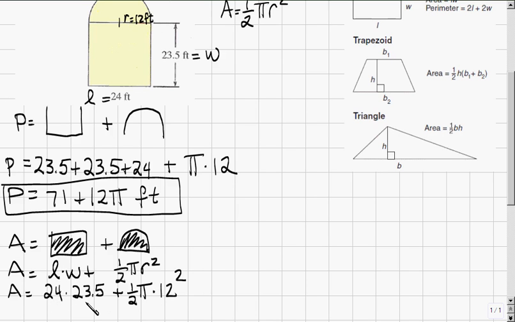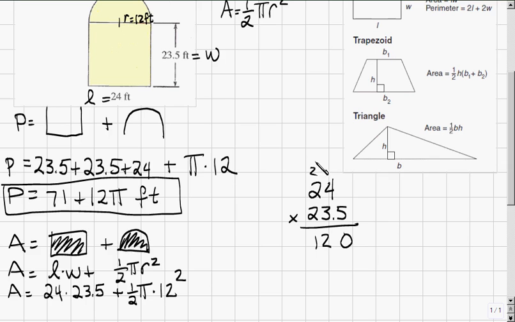To multiply 24 times 23.5, we'll use long multiplication over on our right to show how to multiply decimals. 24 multiplied by 23.5, what we're about to do is multiply the 5 by 24, the 3 by 24, and the 2 by 24, and write those in decimal columns. So 5 times 4 is 20, carry the 2, 5 times 2 is 10, plus 2 is 12.